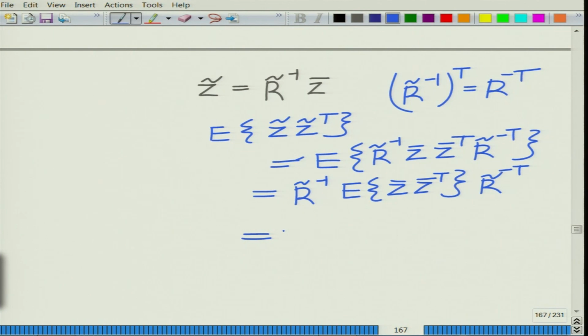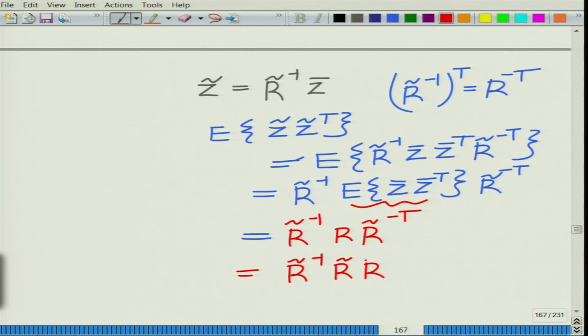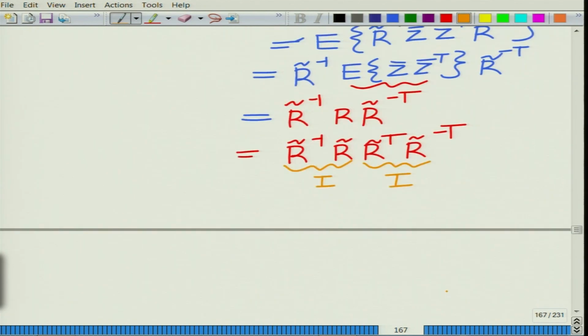This is nothing but R tilde inverse into R, which is R tilde R tilde transpose, into R tilde minus t. And now you can see R tilde inverse into R tilde is identity, and R tilde transpose times R tilde inverse transpose is identity. So this is essentially equal to identity.